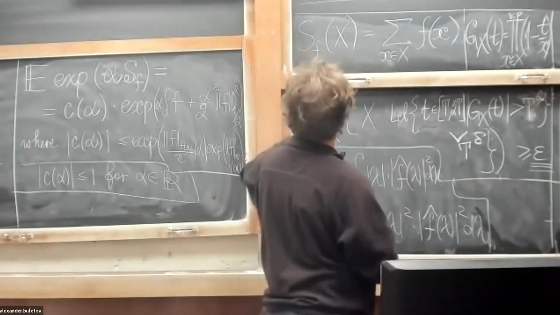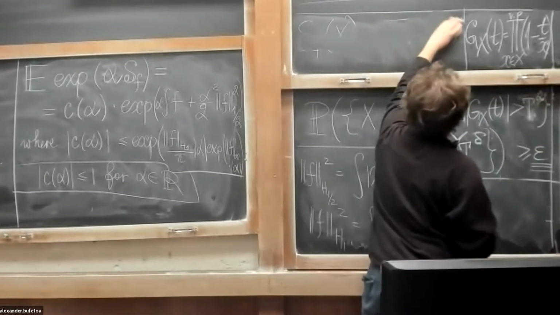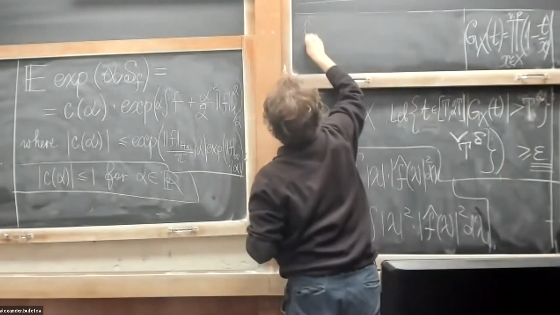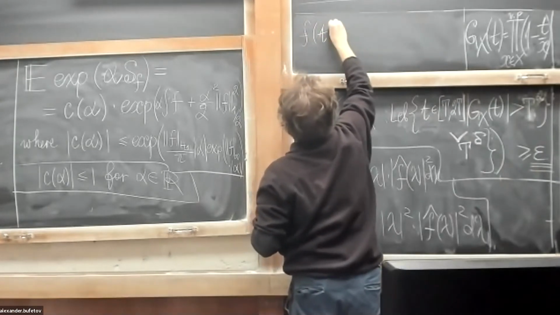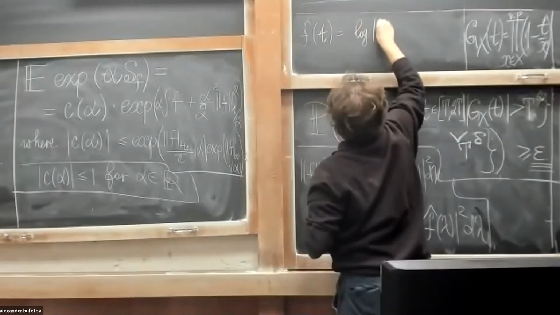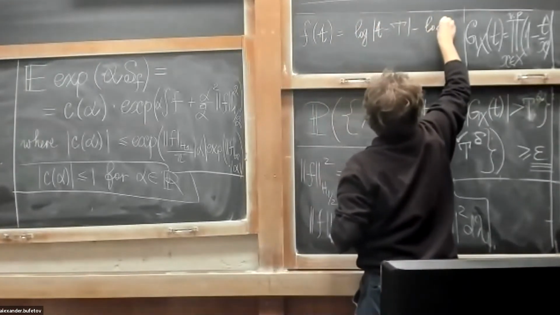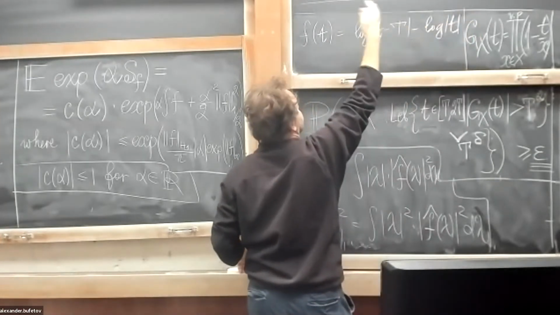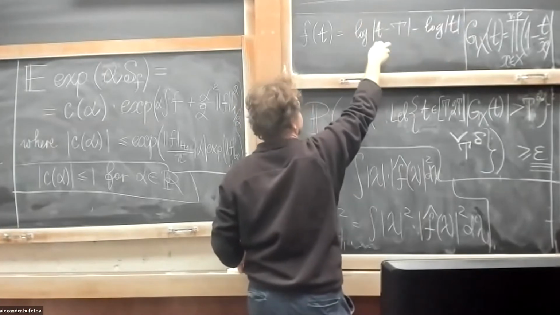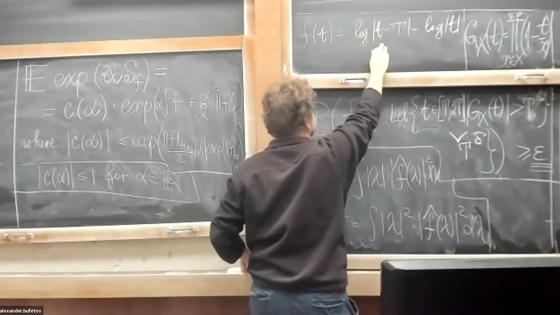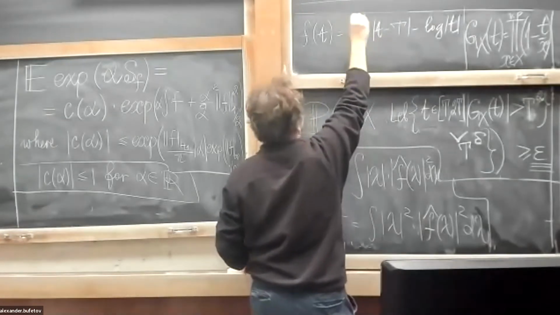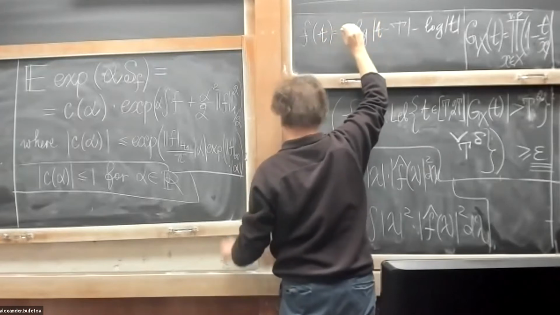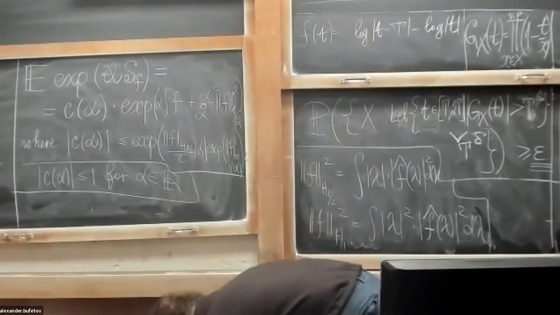So again, let us observe that I'm interested in the situation when the function f of t is just something like logarithm t minus logarithm of t. As we discussed last time, this function does not belong to the Sobolev 1/2 class, but in fact we consider a cut in frequency space.